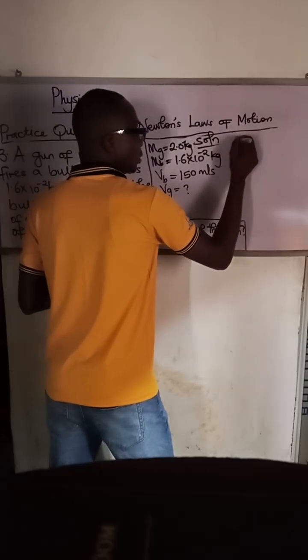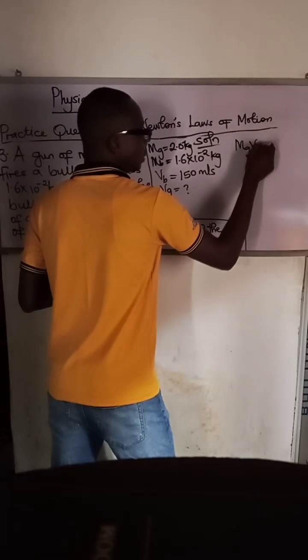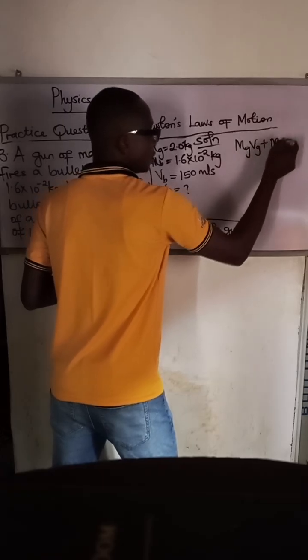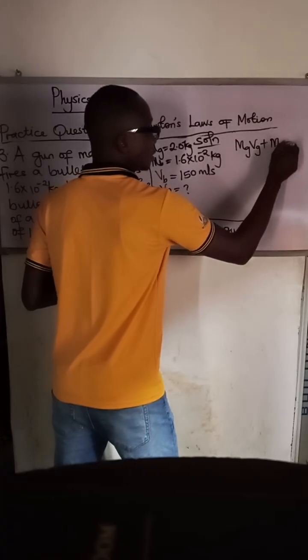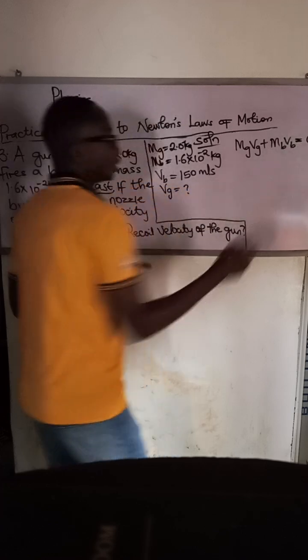The formula we use to solve it: mg vg plus mb vb is equal to 0.